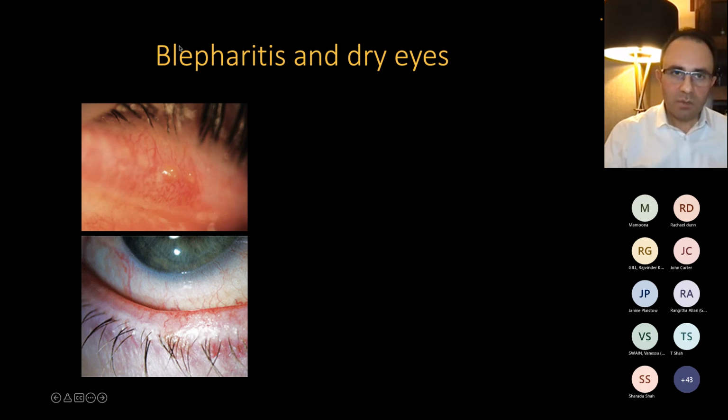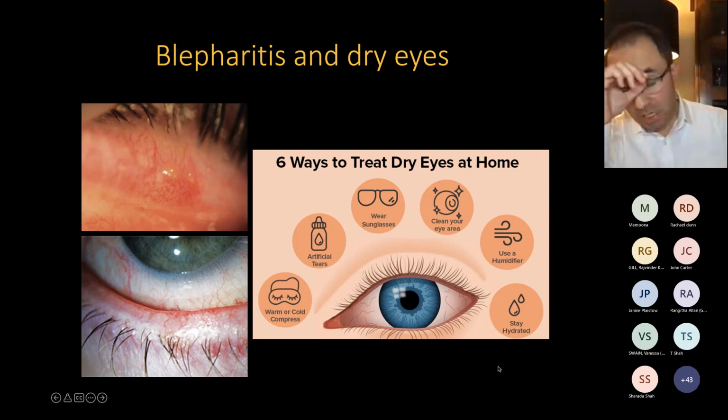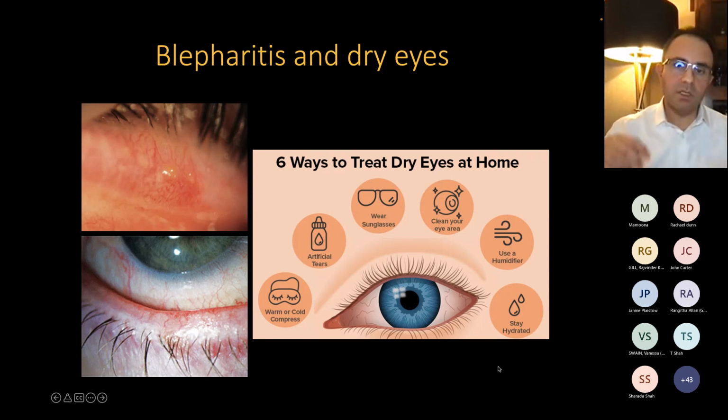And when we treat the blepharitis, we treat blepharitis and dry eye. And the most acceptable regime of treating this, I think from your point of view, is always these pieces of advice. You need to advise the patient to use warm compresses. I wouldn't say cold, warm compresses, and they can buy them over the counter. There are many types now to buy for lid hygiene.